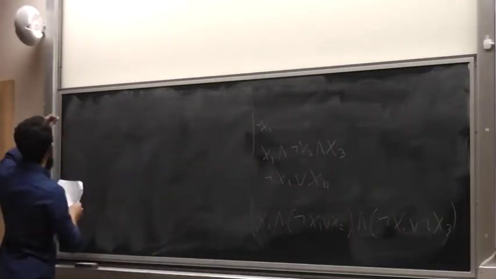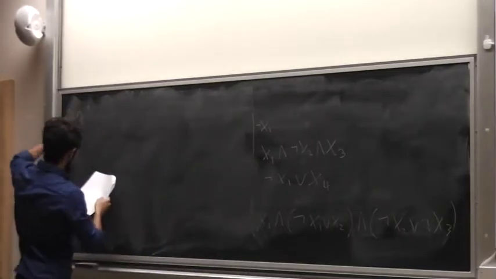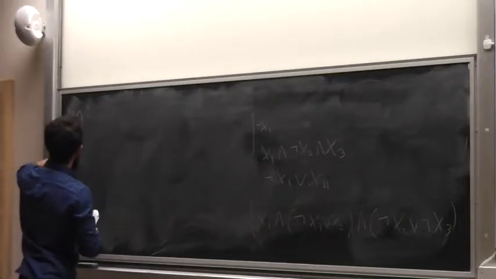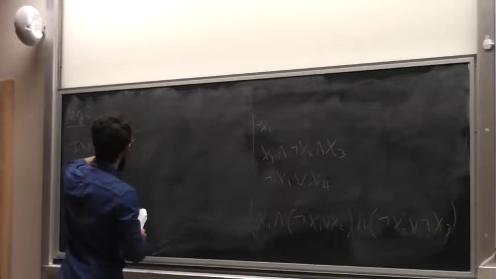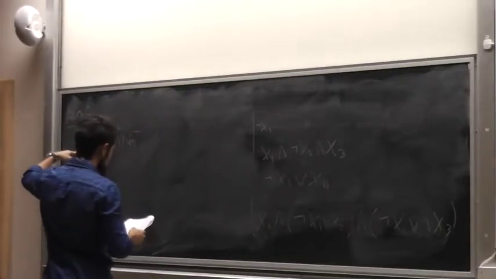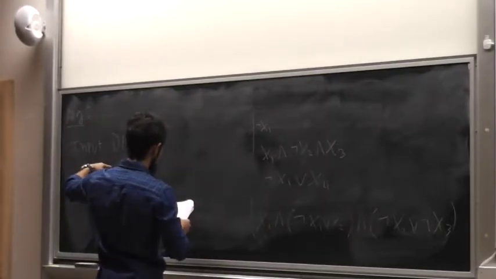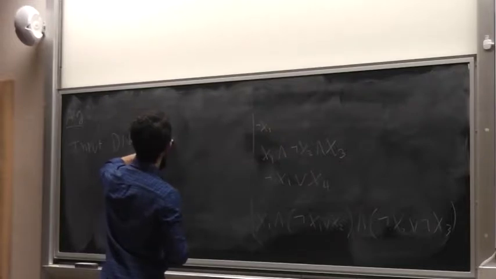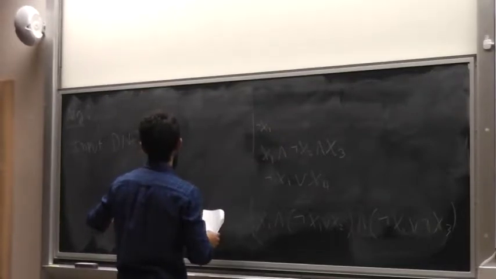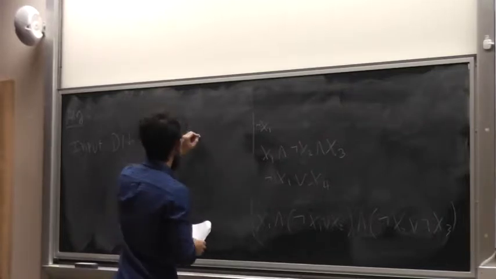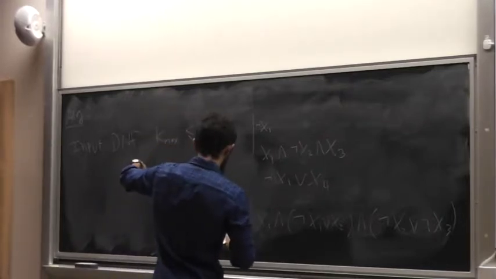So the algorithm goes like this. You input your disjunctive normal form, and so we don't keep running and running, you also input a maximum k. That's how many steps you're going to go in inclusion-exclusion before you just give up. Obviously this should be less than or equal to n, the number of clauses.